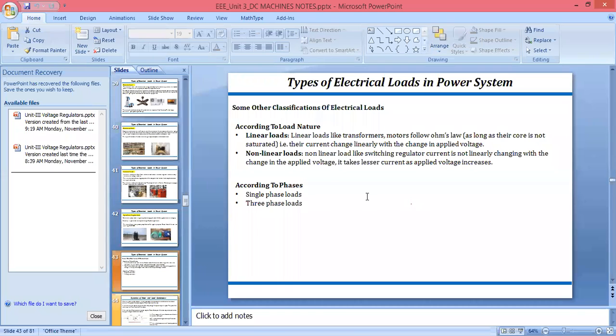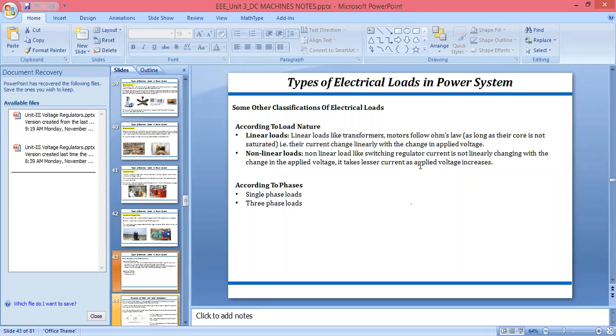An example of a non-linear load is a switching regulator, in which current does not change linearly with the applied voltage. It takes lesser current as applied voltage increases. It means what? It will be opposite with respect to the input voltage. मतलब करंट का वैल्यू क्या हो रहा है, इनपुट वोल्टेज का वैल्यू बढ़ रहा है तो करंट का वैल्यू कम हो रहा है. Opposite.